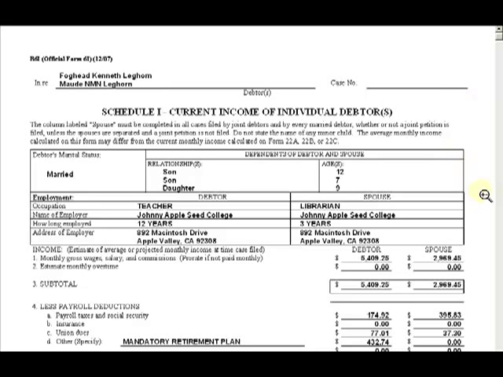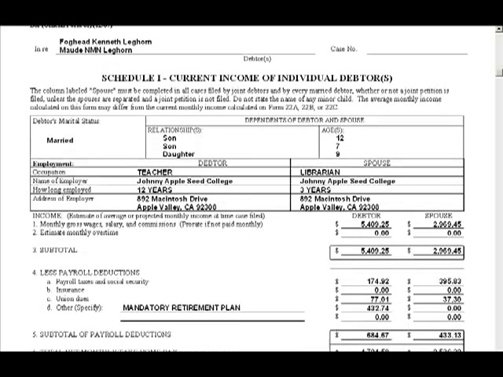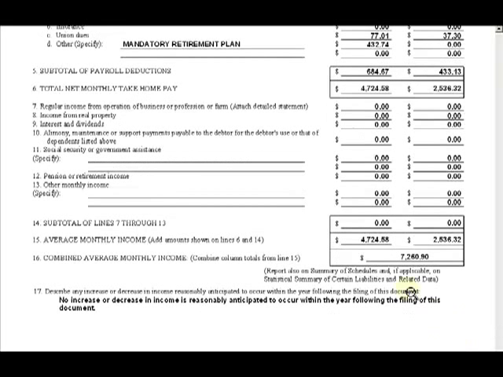Okay, we are looking at Schedule I of the same petition that the means test was that we just reviewed. And you'll want to scroll down here, and first of all, on line 16, it shows us the total combined average monthly income of $7,260.90.